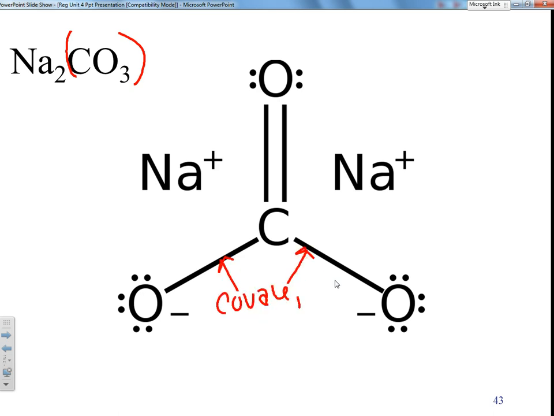So these lines holding the carbon to the 3 oxygens, those are covalent bonds. This entire ion is then ionically bonded to the sodium ions. So these are ionic bonds. This compound contains both ionic and covalent. And any time you have a compound with a polyatomic ion in it, it contains ionic and covalent bonds.